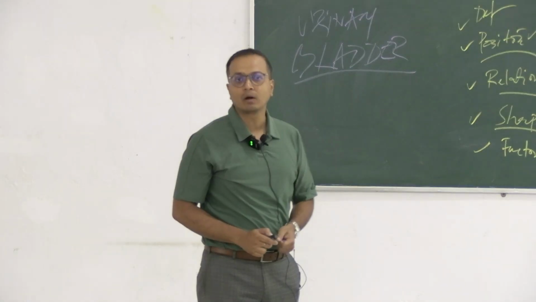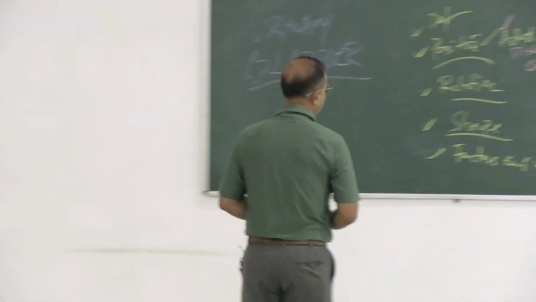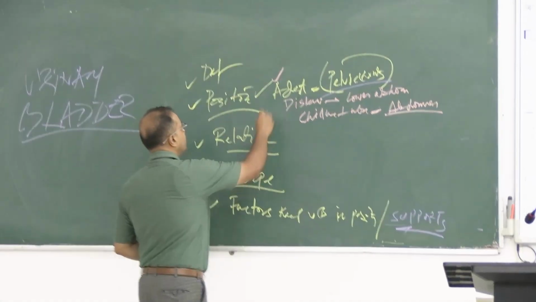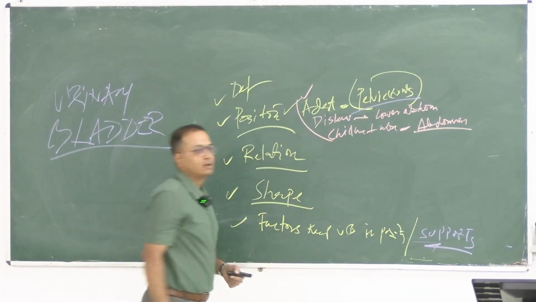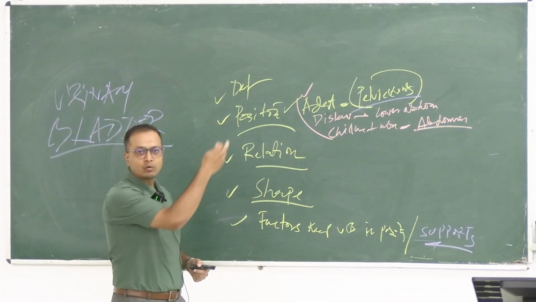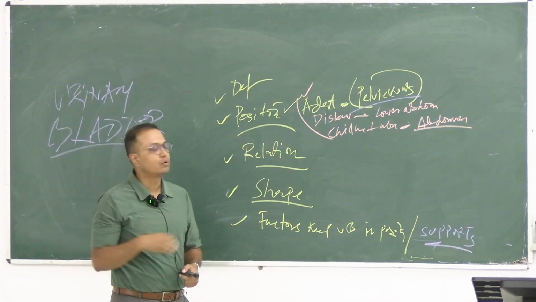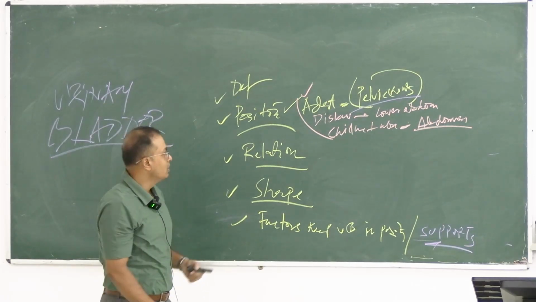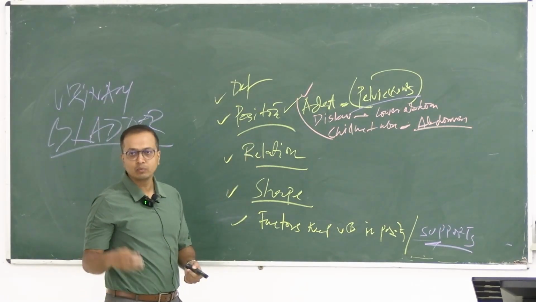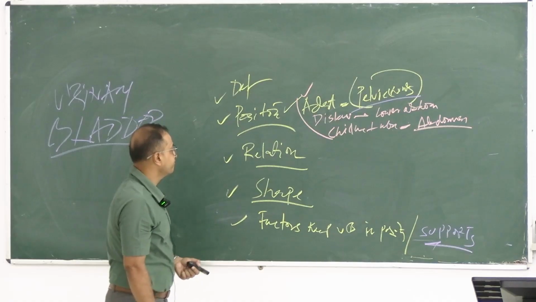So, it is an abdominal organ in children and infants. This position of the urinary bladder is a point of concern. We will talk about some clinical things related to the urinary bladder, and then we will see why this change in position matters to us.